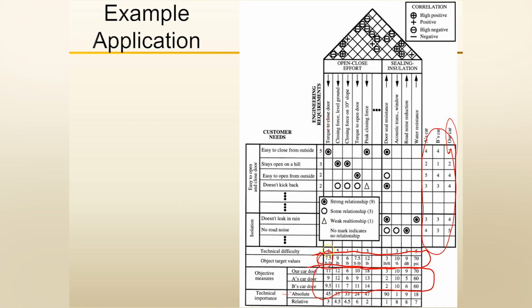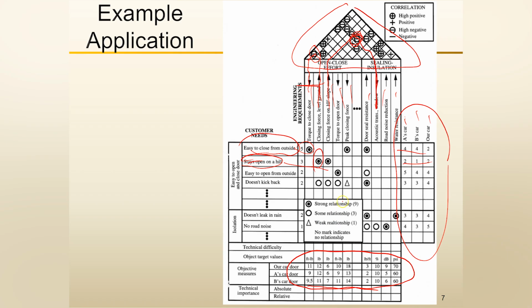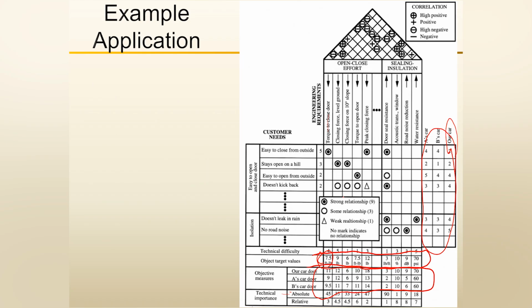So in this case, there's only one, so it's 45. In this case, you can see it's 5 times 9 plus 2 times 3 plus 2 times 9 plus, and I don't remember those two, it's 2 and 1. 2 times 9 plus 2 plus 1 times 3. So you add all those up, you get 90. So that's where that comes from.